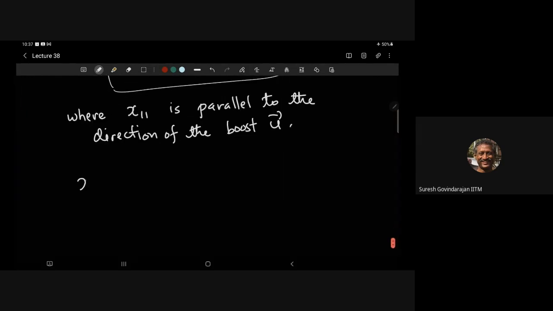If you give me any three-vector x, you can see that the following holds: x parallel is x dotted with u, along u, divided by the magnitude of u squared, that is, along the unit vector.